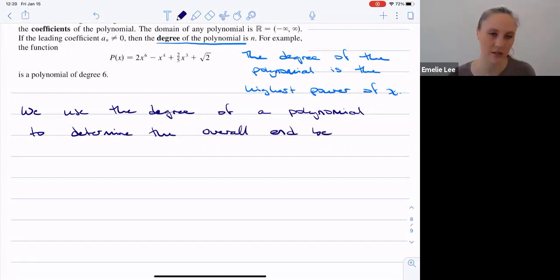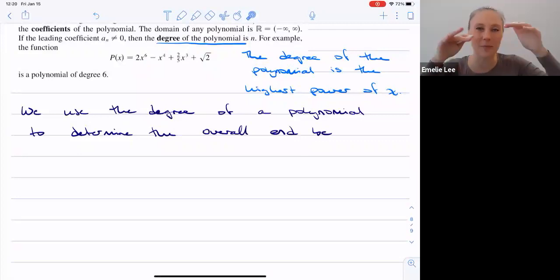So we don't necessarily know what's going on. If we have something nasty like this, we don't know what's going on in the middle. But we will know what's going on with the end behavior, knowing that this is a degree 6 polynomial. So knowing that this is an even polynomial, we know the end behavior.